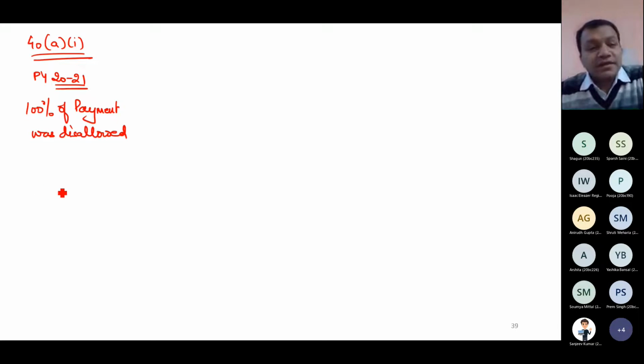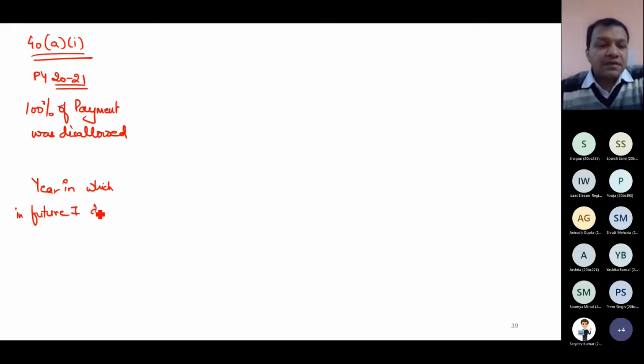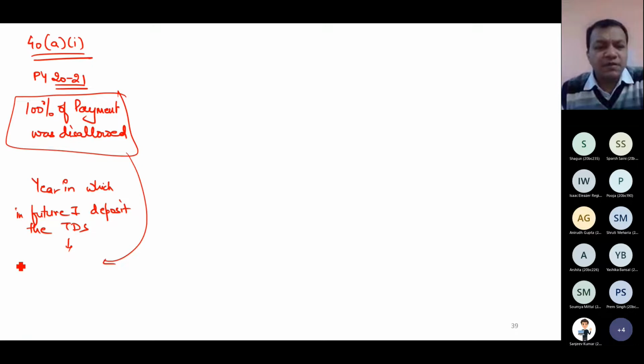But the year in which I deposit the TDS with the government in future, the same payment which was disallowed will be allowed in that year. 100% of the payment will be allowed.